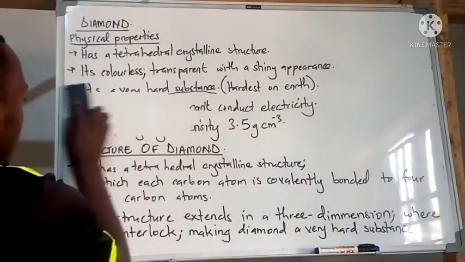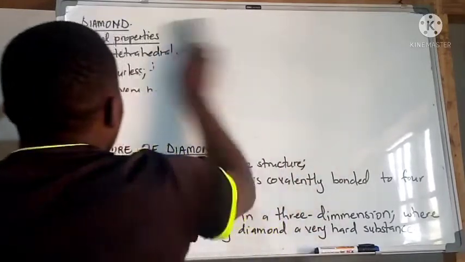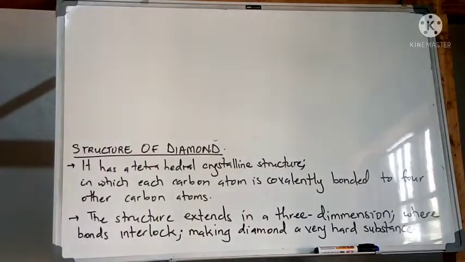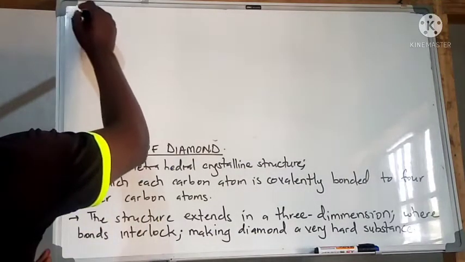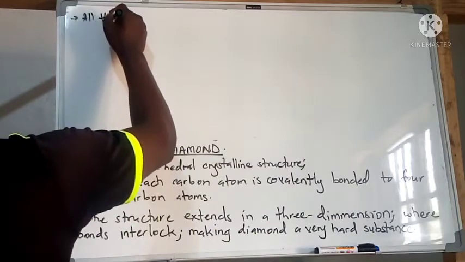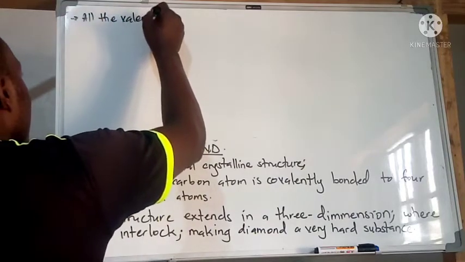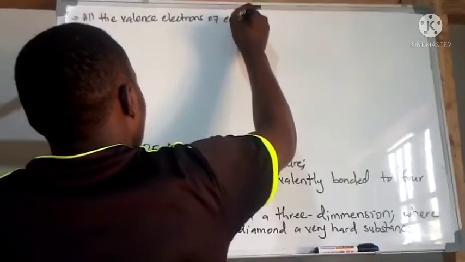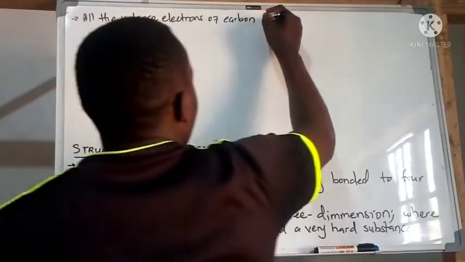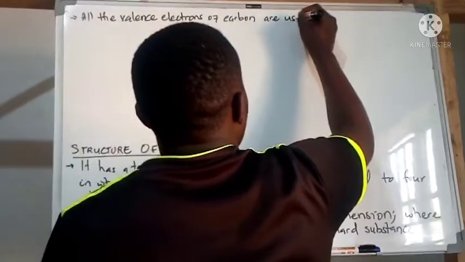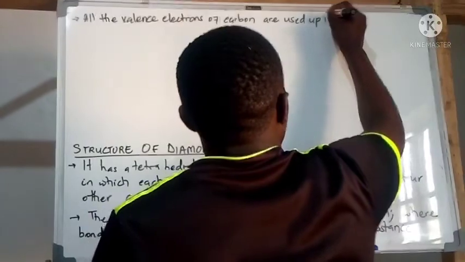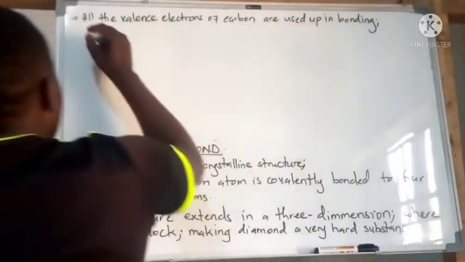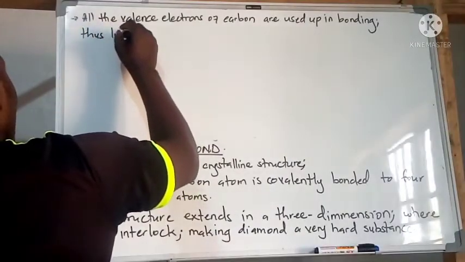When we continue with the structure of diamond, you're going to see that all the valence electrons of carbon are used up in bonding. Thus, localized.